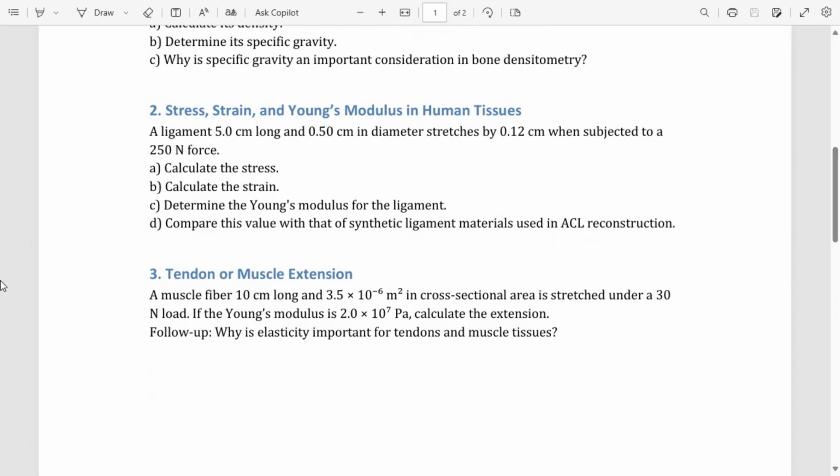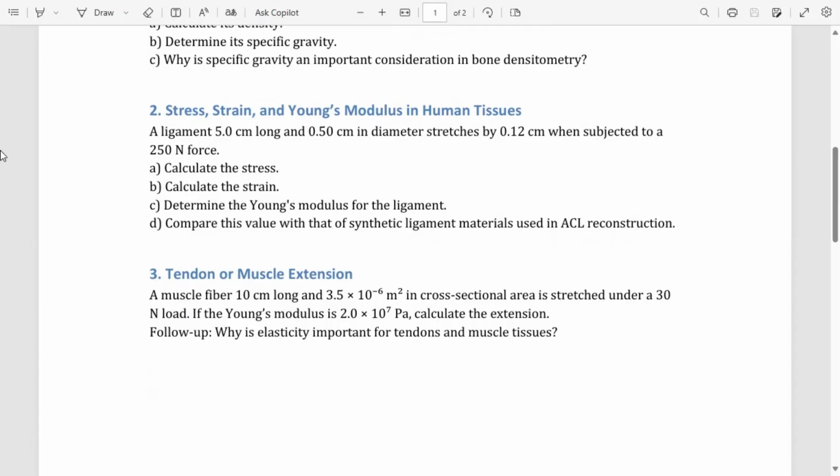A, calculate the stress. B, calculate the strain. C, determine the Young's modulus of the ligament. D, compare this value with that of synthetic ligament materials used in ACL reconstruction.